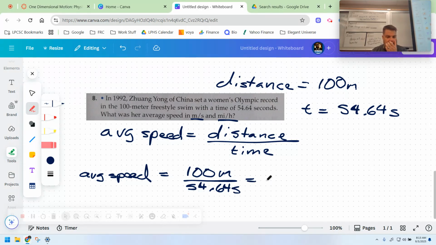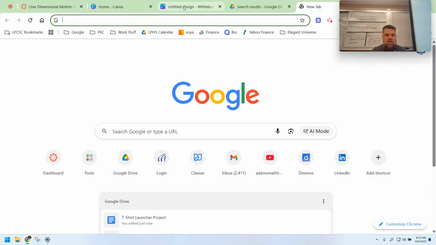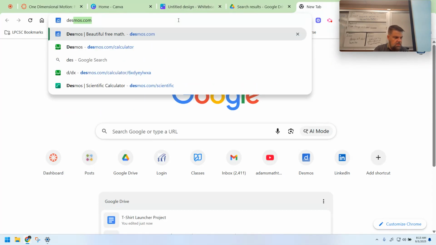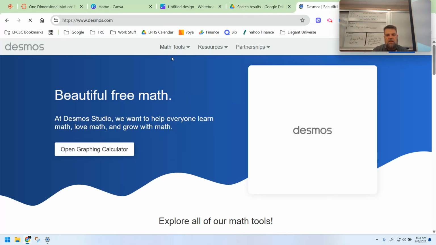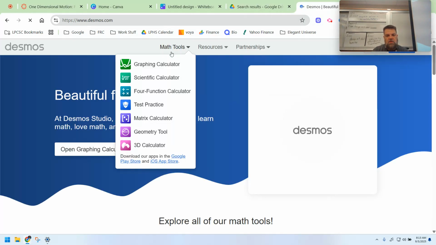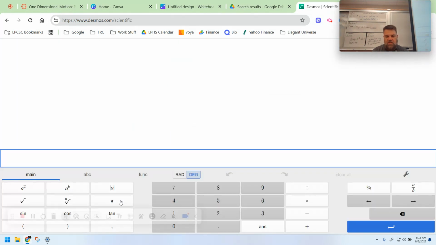And if you do that in a calculator, I think the rounding might throw you off, or the conversion might be the other thing that throws you off.